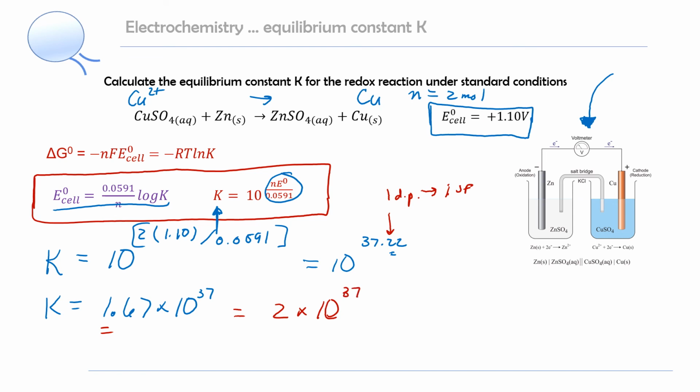And so remember the equilibrium constant is the concentration of the zinc ions over the concentration of the copper ions. All right, so tying everything together for this redox process, we have a positive cell potential. It's a spontaneous reaction.